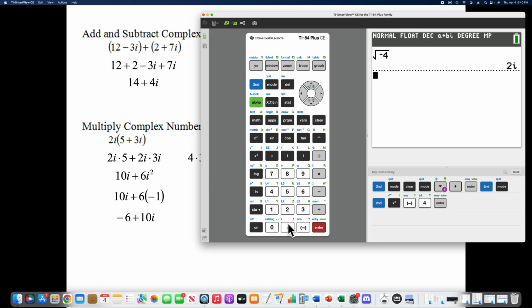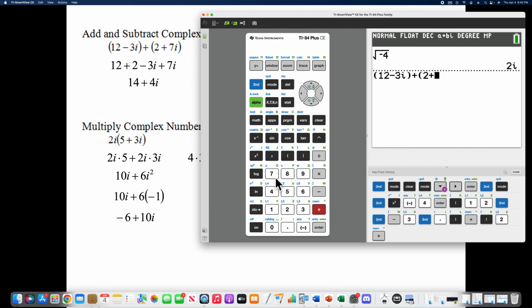Now, speaking of i, it is above the decimal point. You can see that little scripted i on your calculator. So if I wanted to look at this problem here, the one that I added together, you type it in just as you see it to grade it. 12 minus 3 second i, close the parentheses, plus parentheses, 2 plus 7i. Boom, I just checked it.